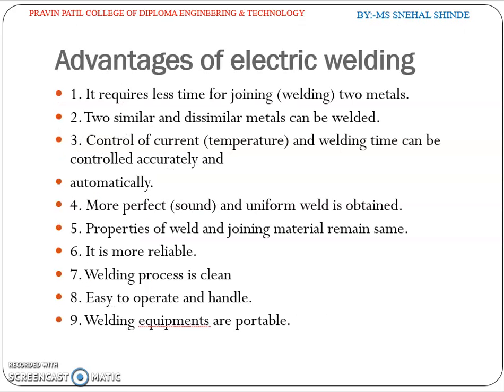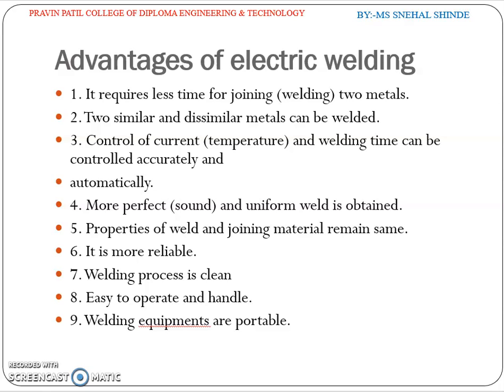Here are the advantages of electric welding. It requires less time for joining or welding two metals. Two similar and dissimilar metals can be welded. Control of current or temperature and welding can be controlled accurately and automatically.